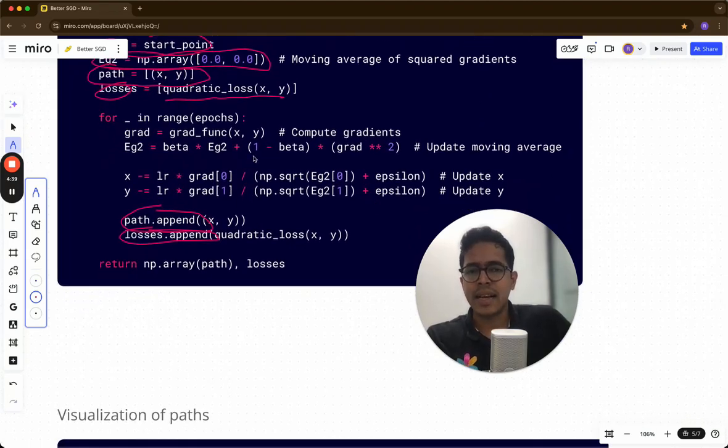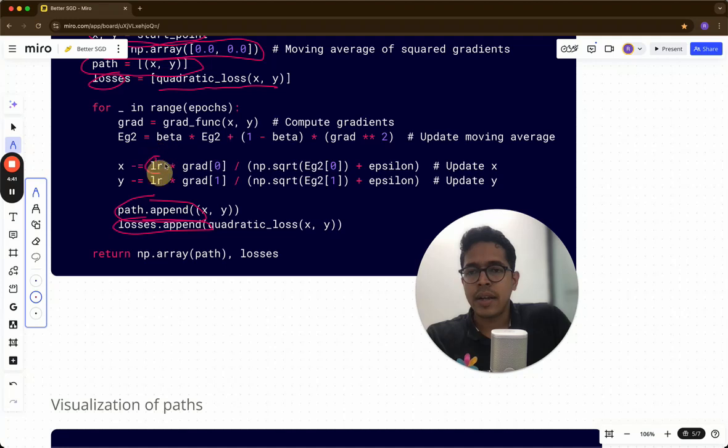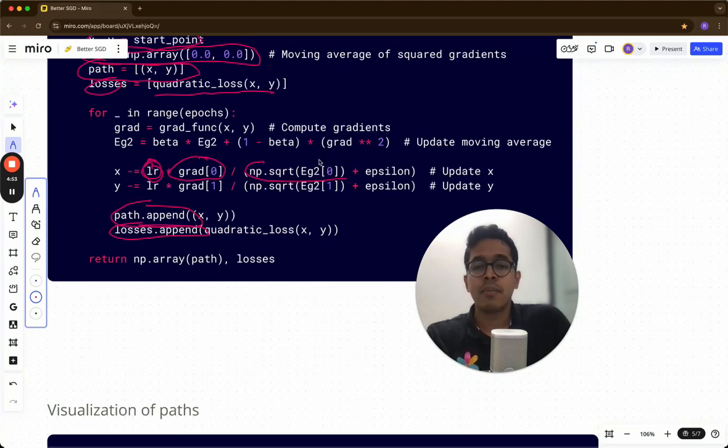And now, how are we changing the x and y values? It is exactly the same. So learning rate is same as before. Gradient is also same as before, but the learning rate we are modifying by dividing by np dot square root of the moving average of the squared gradient along the x direction plus epsilon, and epsilon is a very small value, like 10 to the power of minus 8.